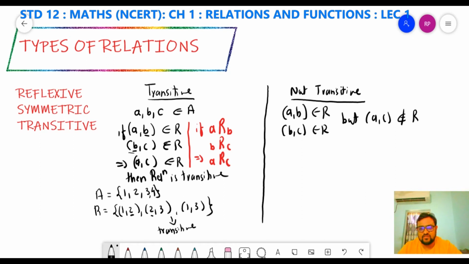Okay, so if the relation was like this: (1, 2), (2, 3), (1, 4).